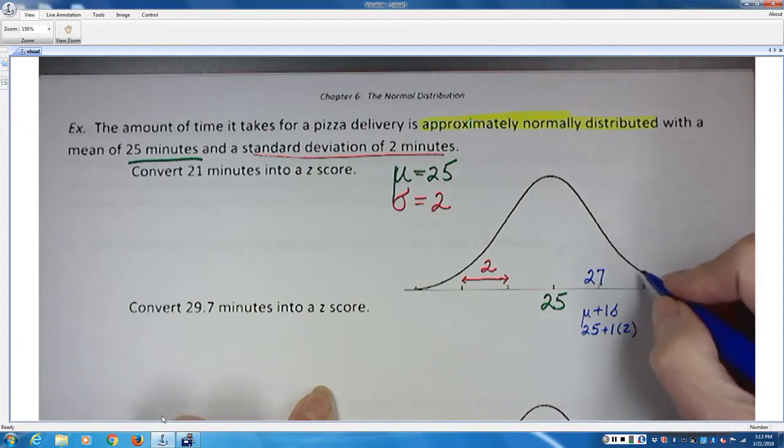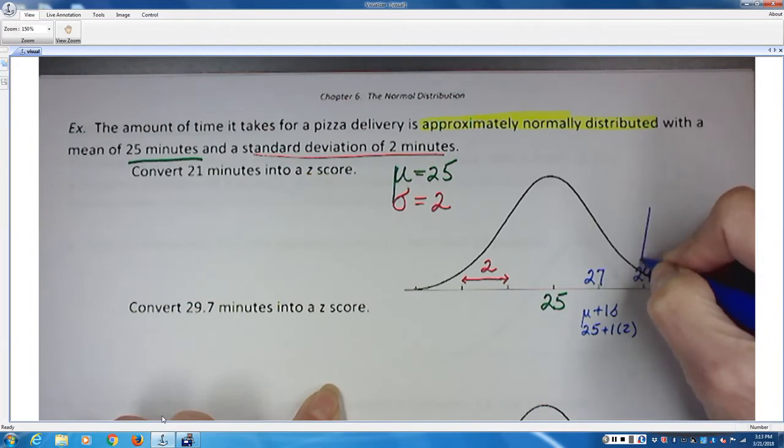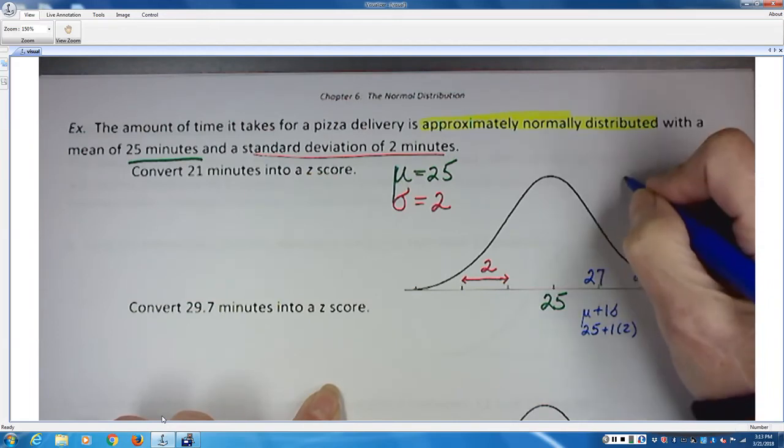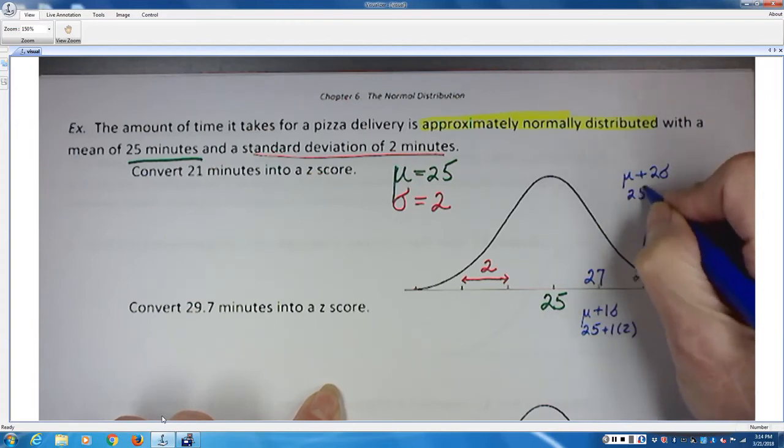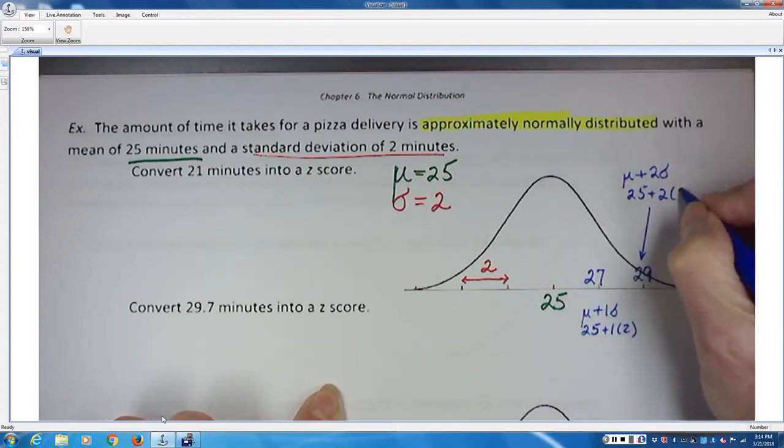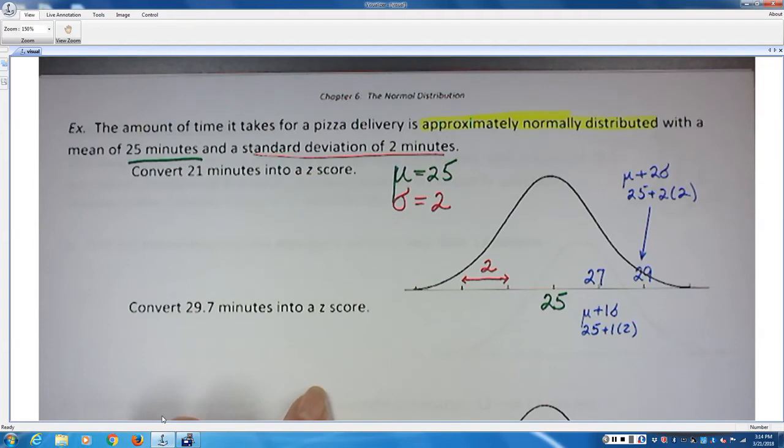And then the next one up is going to be 29, because that's the value of the mean plus 2 standard deviations. And then this last mark is 31, because that's the mean plus 3 standard deviations. So that will be 25 plus 3 times 2.